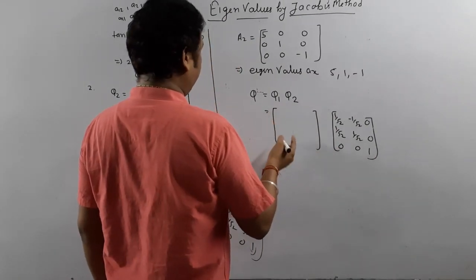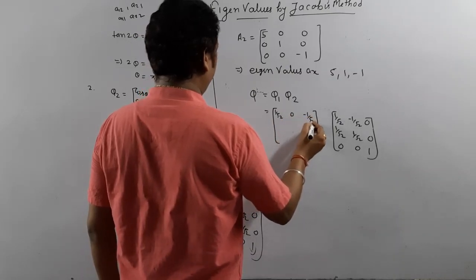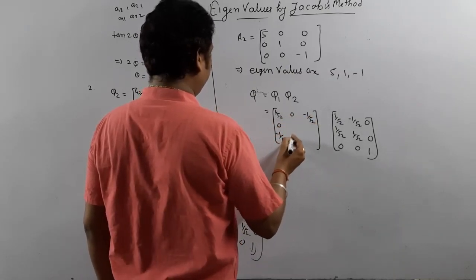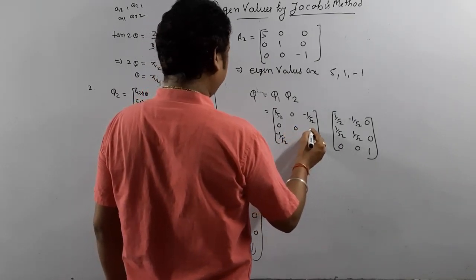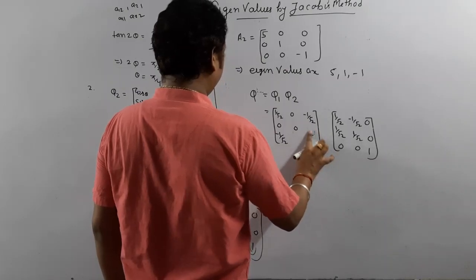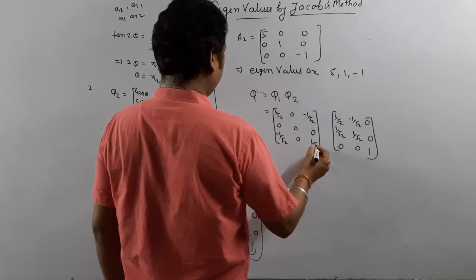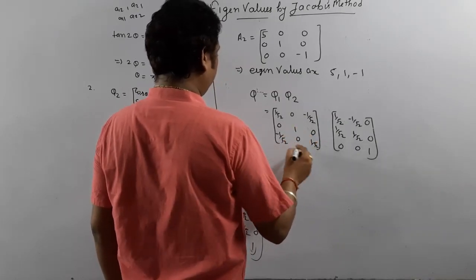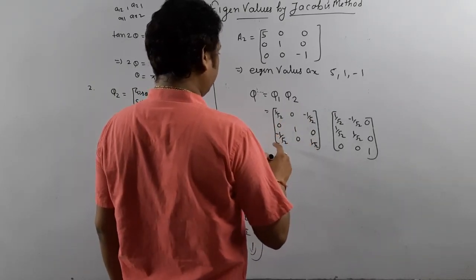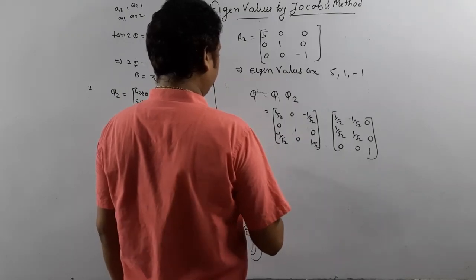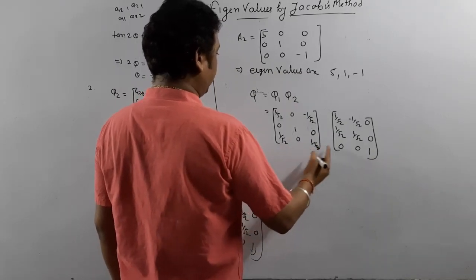Because we took the first and third, 1 by root 2, 0, minus 1 by root 2, 0, 1, 0, 1 by root 2, 0, 1 by root 2. This is your Q1 and Q2.